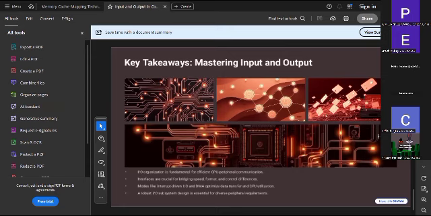Models like interrupt-driven input and output and DMA optimize data transfer and CPU utilization. A robust input and output subsystem design is essential for diverse peripheral requirements. Thank you.